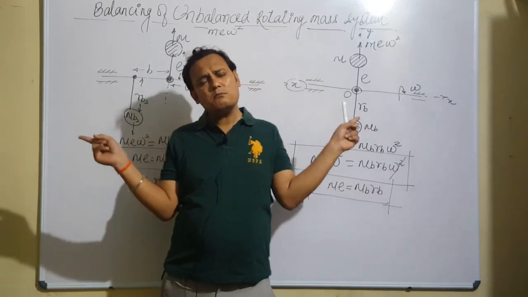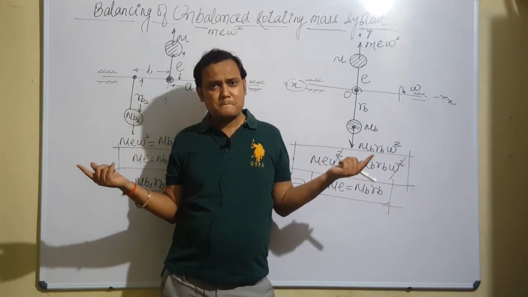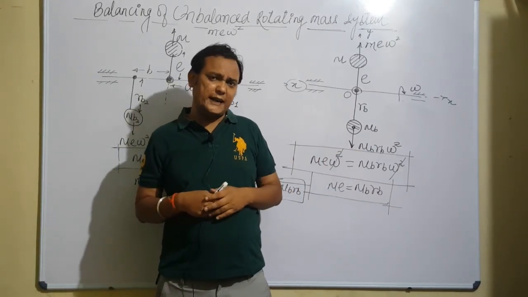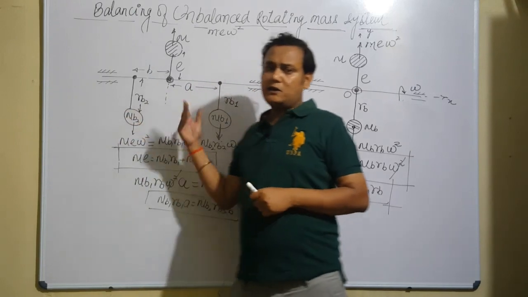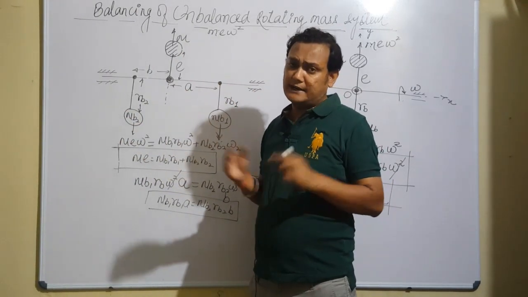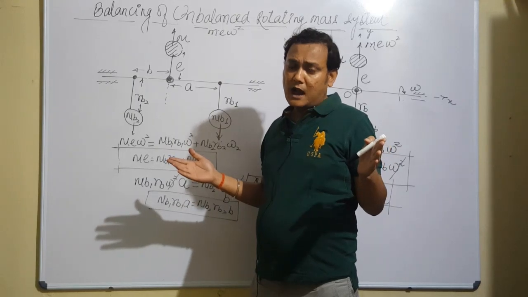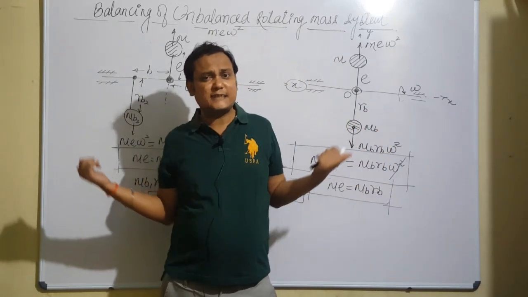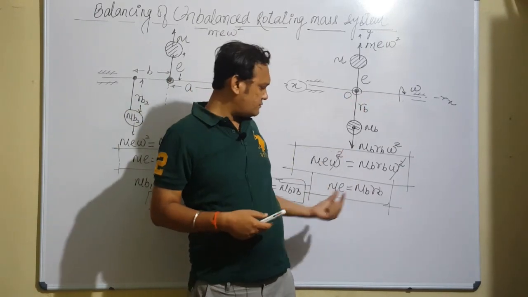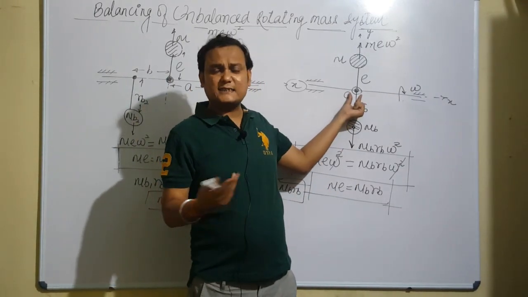That means these two methods are the same. Here you are attaching one single mass in the same plane, 180 degrees opposite to the unbalanced mass. Here you are attaching two balancing masses, 180 degrees opposite to the unbalanced mass, but in different planes. And both the systems are statically as well as dynamically balanced. Because here, statically balanced, obviously the center of mass lies on the axis of rotation.